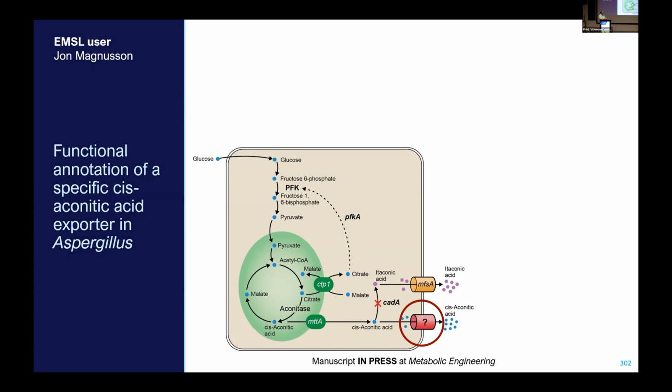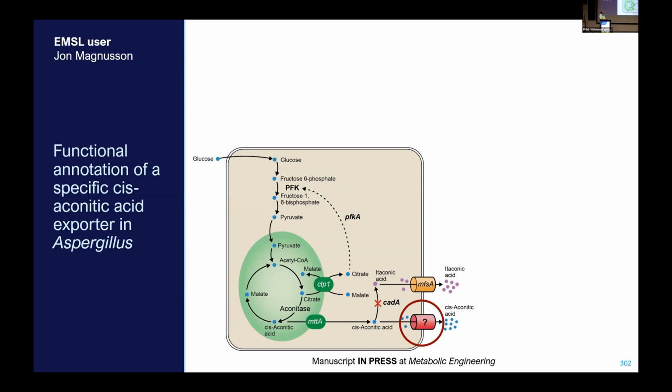By knocking that out, he got a strain that overexpressed cis-aconitic acid and secreted it into solution. And cis-aconitic acid is highly relevant for industrial purposes, for plasticizers and other biopolymers.